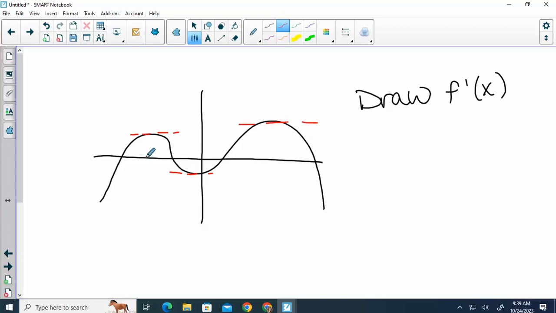So my derivative would be 0 here, here, and here. Until I got to that point, my graph was increasing, so my derivative will be positive. Then my graph's decreasing, so the derivative is negative. Increasing, so derivative is positive, and decreasing, so derivative is negative. So could you draw a derivative based off that?